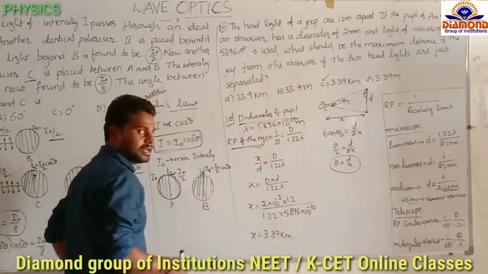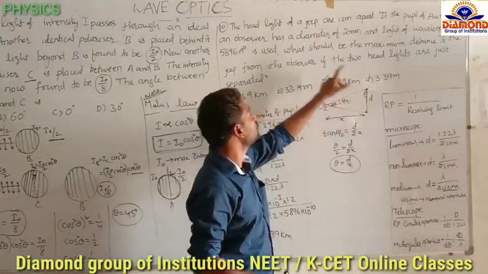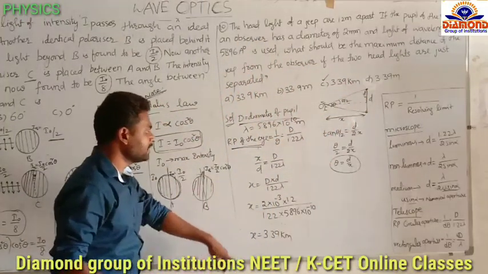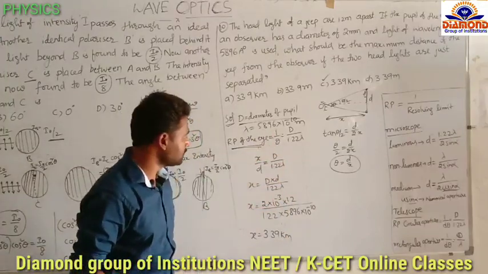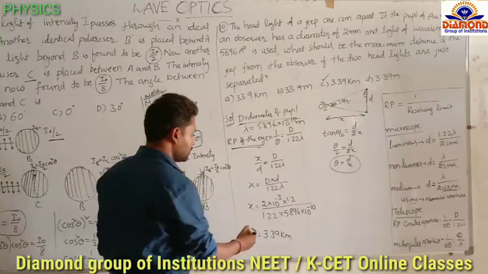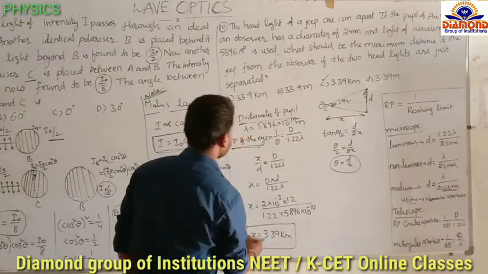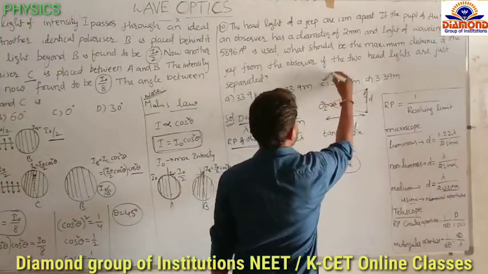Capital D is the diameter of the pupil, and small d is the distance between the two lights. Substituting 1.2, and 1.22 into lambda, which is 5896 angstrom, meaning 10 power minus 10 meter, we get x equal to 3.39 kilometers. That means option C is the right answer.